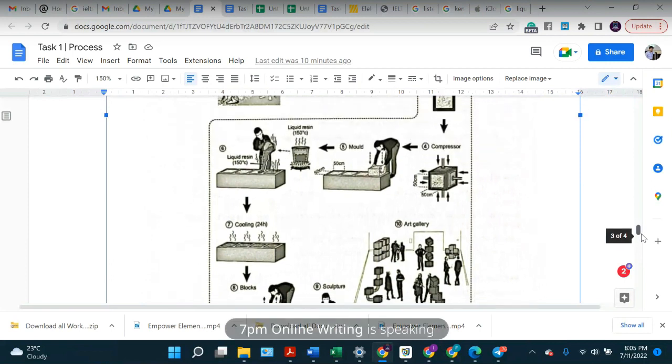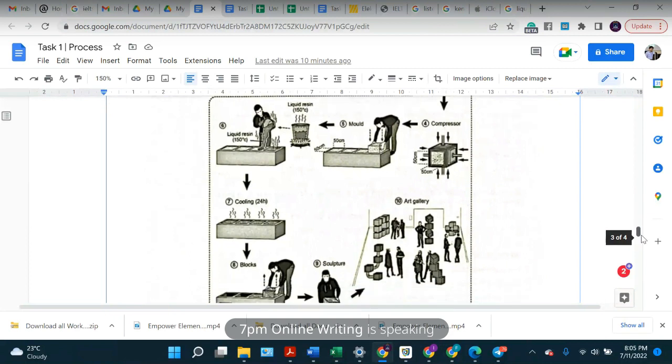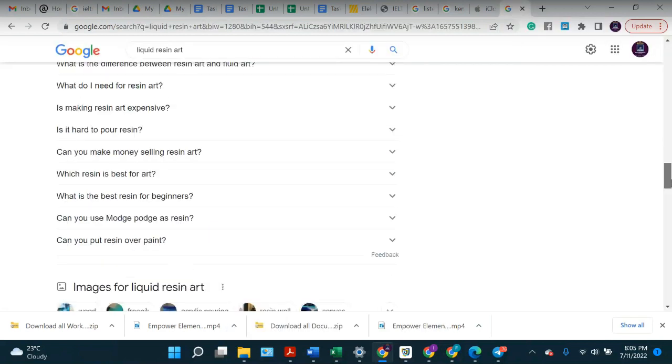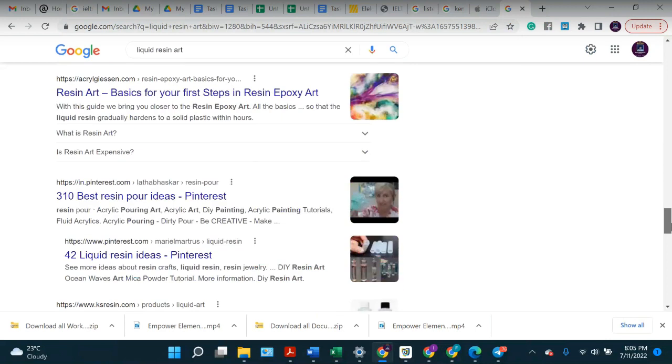In order to make it what? What would you say? The whole idea of the resin is to make it resistant, or what is it? Hold the cube together, maybe.